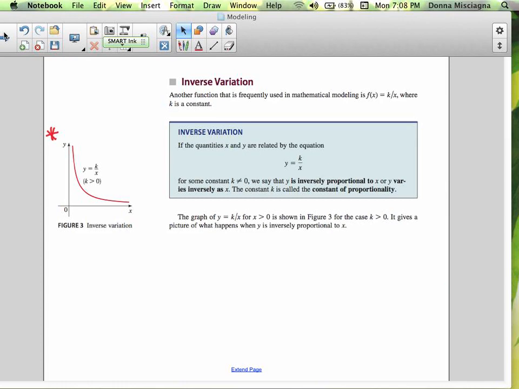All right, so if you're told that two quantities vary inversely, this is the formula that you would use. The graph of y equals k divided by x for x greater than 0 is shown in figure 3 for the case where k is also greater than 0. It gives a picture of what's happening when y is inversely proportional to x, and that's our diagram, figure 3 there.